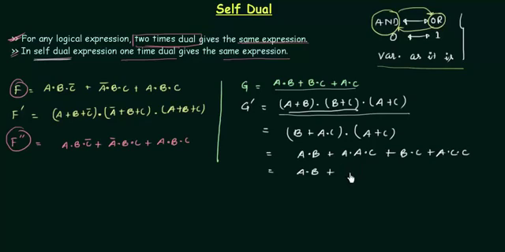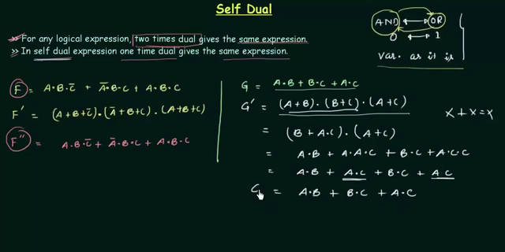A and A is definitely A, and C, B and C. A and C is A and C. These two min terms are same, and we know x or x is equal to x. So I will write A and B or B and C or A and C.